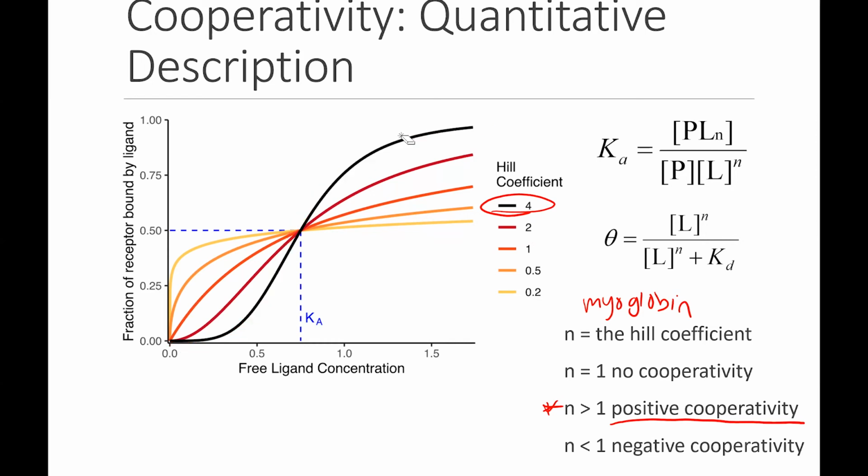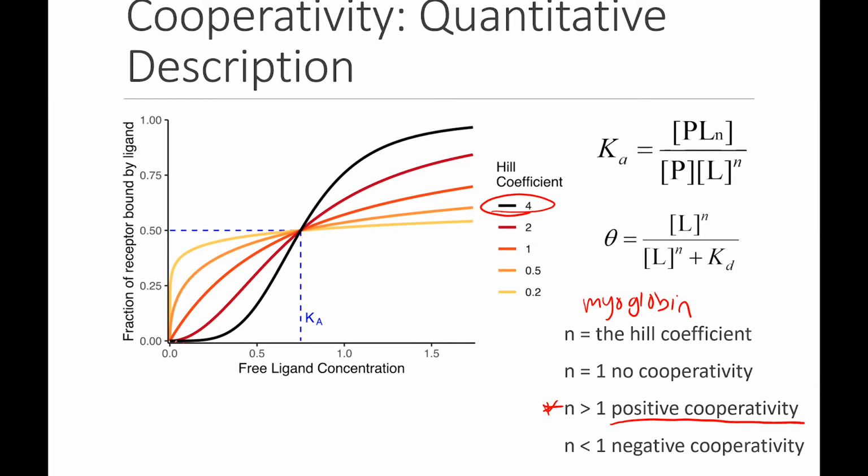Now, this is perfect for our example of hemoglobin. Remember, in hemoglobin, we wanted something that has, at certain concentrations, a slightly different relation between ligand and the fraction bound at higher concentrations. And we achieve that by getting this sigmoidal shape.